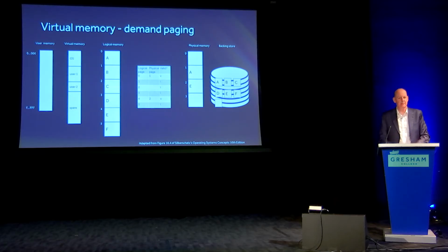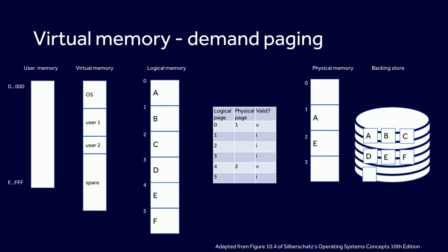But the programmer doesn't want to know what you've put in the computer. I just want to get on with my life. So the programmer's model is shown here on the left, which is just a linear block of memory. Over on the computer side, we've got a block reserved for the operating system, user 1 jammed in here, user 2 maybe jammed in here, and then some spare memory over here.